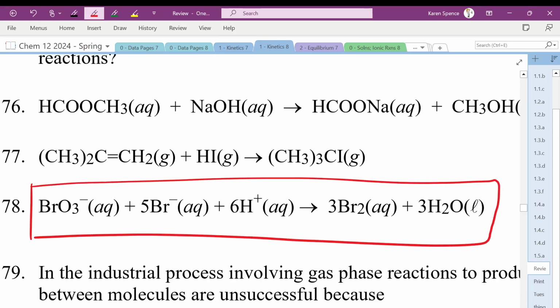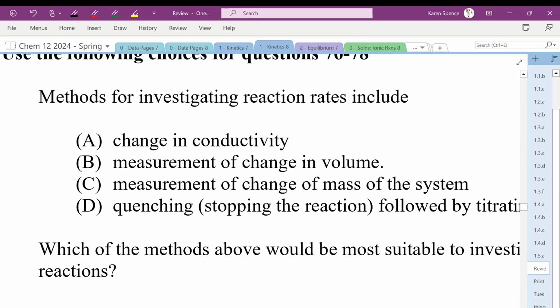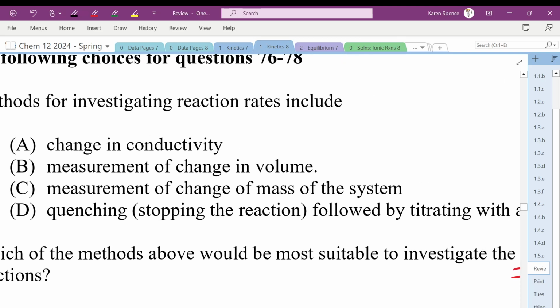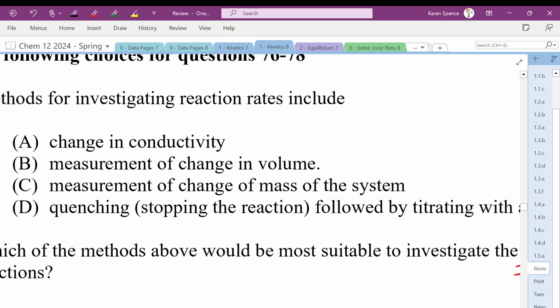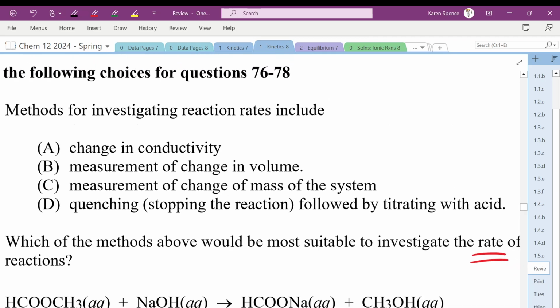So I want you to take a look at that reaction, and even without the choices, can anyone think of something that you could use to measure the reaction? Concentration of what? What would be an easy thing to measure the concentration of? The hydrogen ion. So let's go and take a look. Is that any of them? No, it is not. Okay, so we have to go back and say, well, darn it.